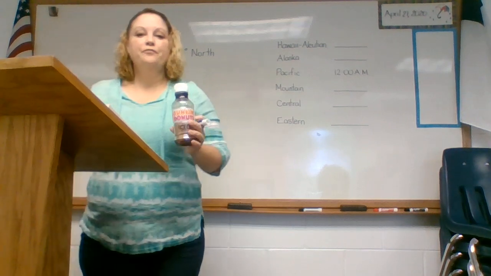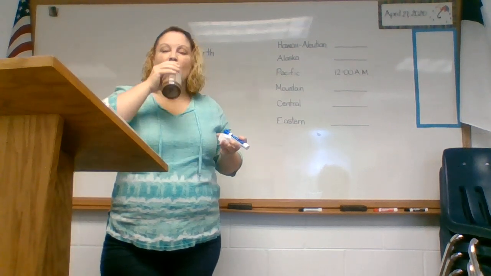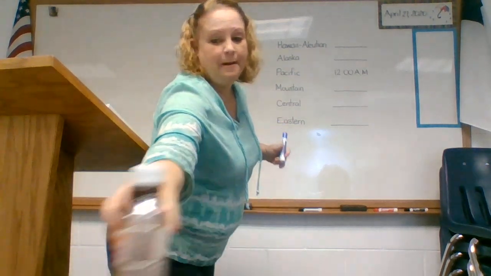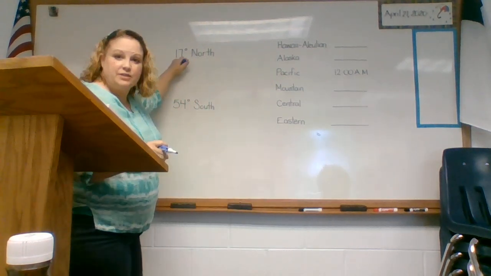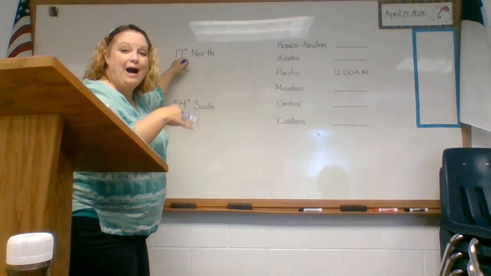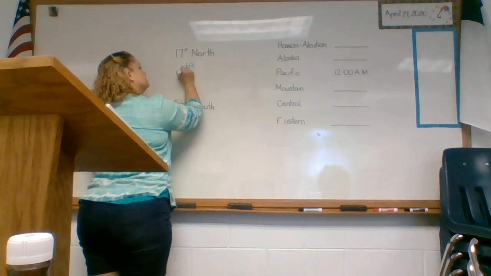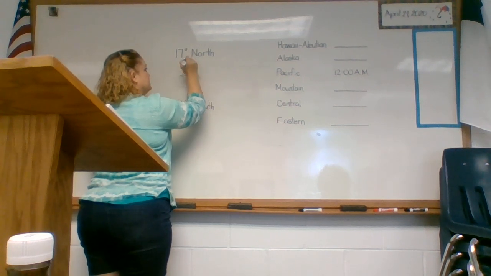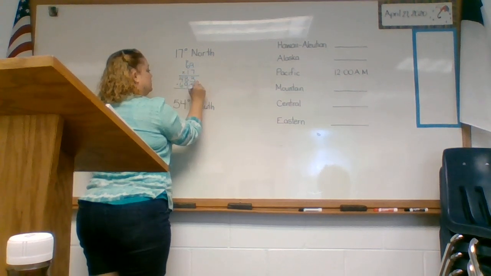So you can find a latitude's distance from the equator by multiplying its degrees by 69. If we're at 17 degrees north and we want to figure out how far that is from the equator, we're simply going to multiply 17 times 69. 7 times 9, 7 times 6 plus 6.